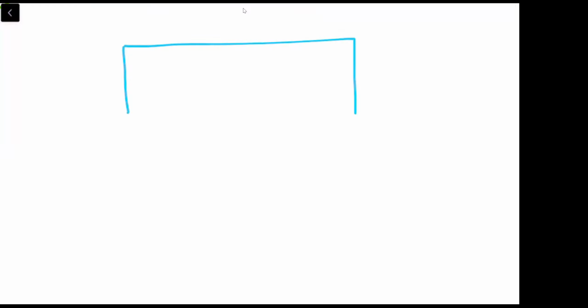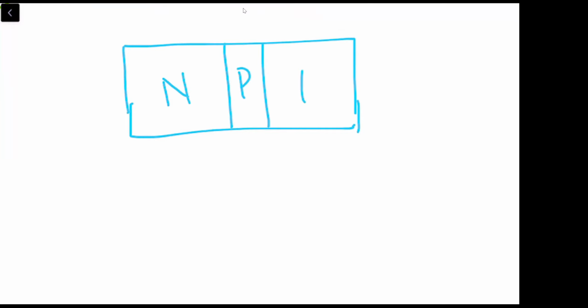Initially we have said that in N, P, and N, this one is the emitter which is heavily doped. Then this is the base which is lightly doped, and this one is the collector which is moderately doped, right?